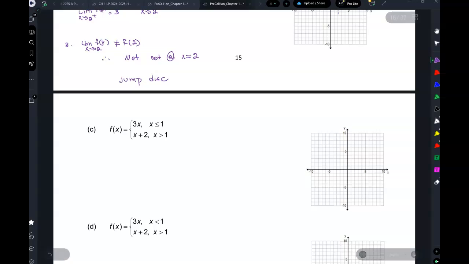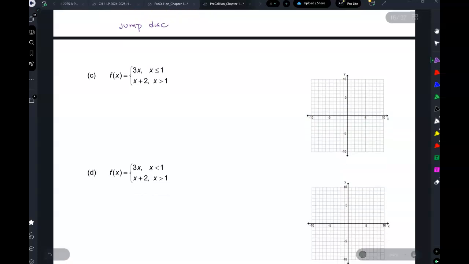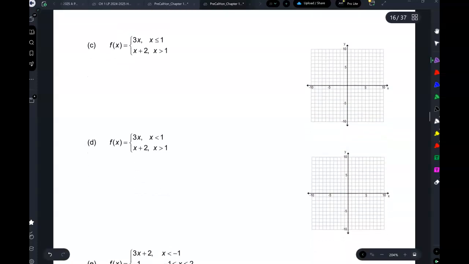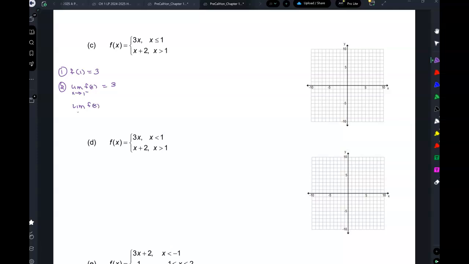Okay, but not all piecewise functions will have discontinuities if they have them. So let's take a look at this one. Let's do this one without graphing first. So, what's f of 1? 3. Okay, limit of f of x as x approaches 1 from the negative side, that's 3, right? Limit of f of x as x approaches 1 from the positive side, how much is that? 3.